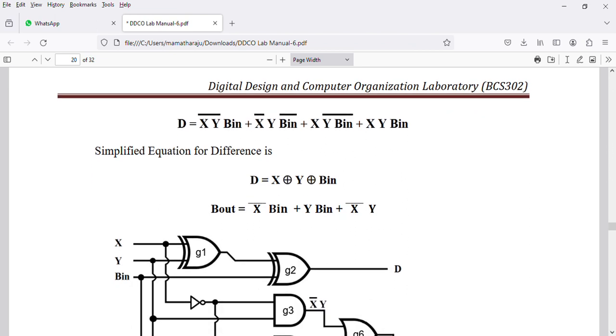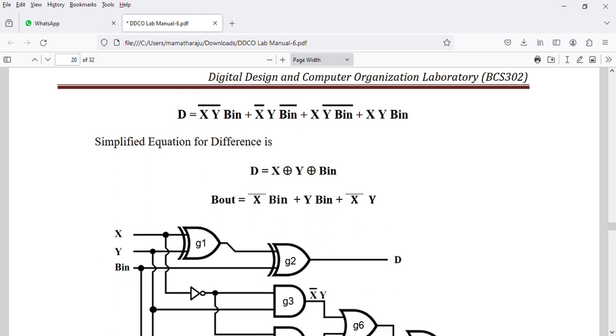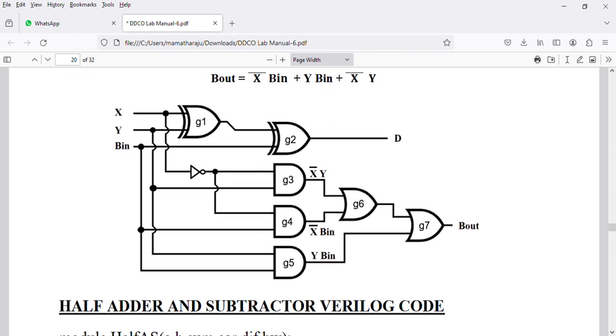For borrow out, we get the equation as x bar b in plus y b in plus x bar y. We implement the same in logic gates.